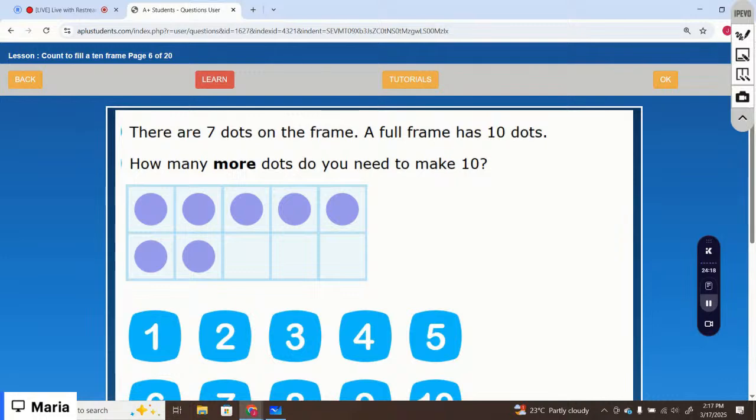There are seven dots on a frame. A full frame has 10 dots. How many more dots do you need to make 10?